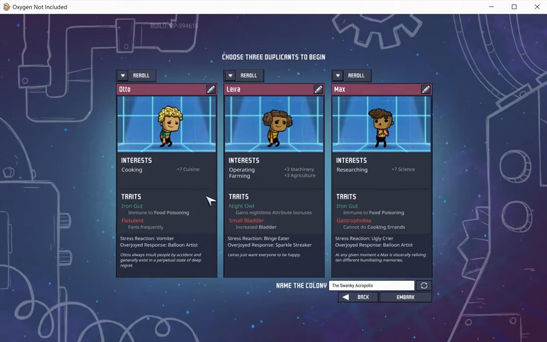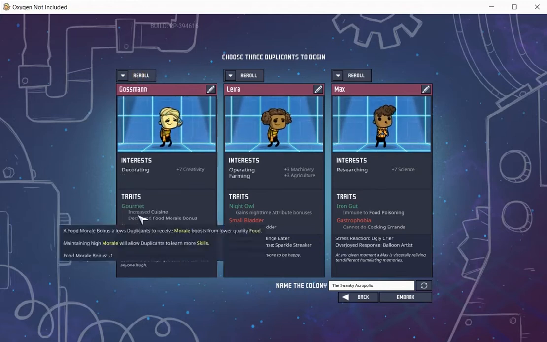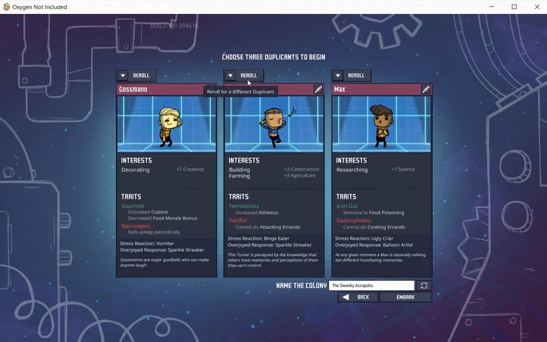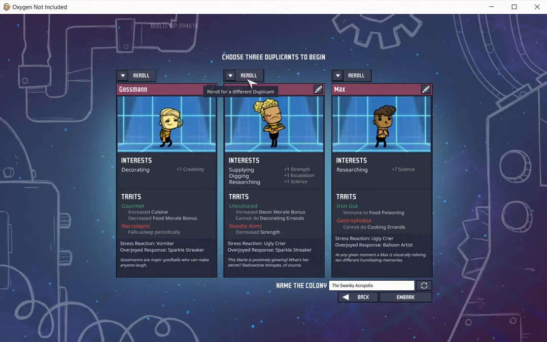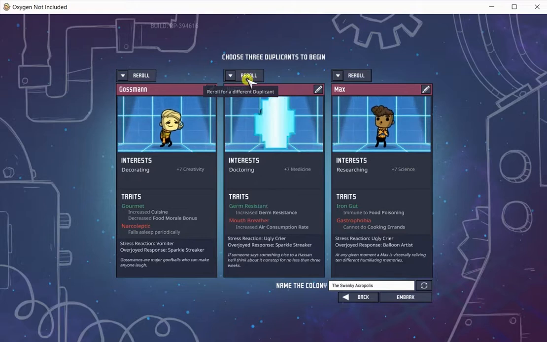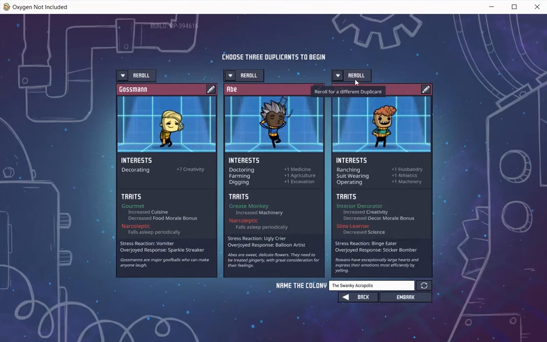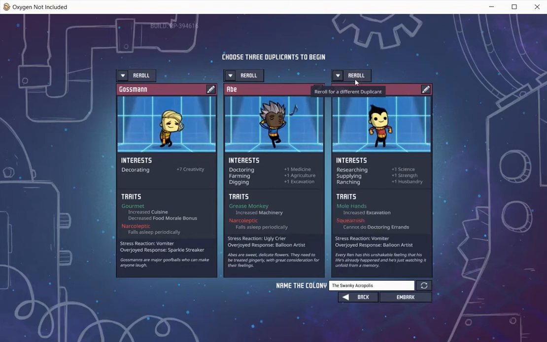Now, as we get started here with my initial crew, I have decided they all have a negative and a positive trait, but I have decided that they are all going to be narcoleptic. So I'm going to take narcoleptics, and I don't really care beyond that what they do, which could work out pretty poorly for us. There we go. There's another one, and we'll get one more narcoleptic person here.